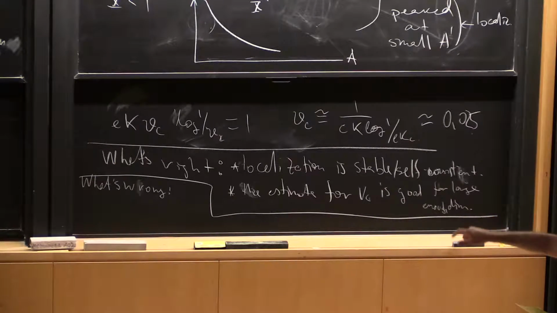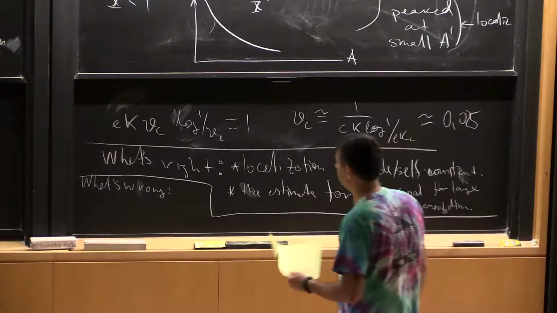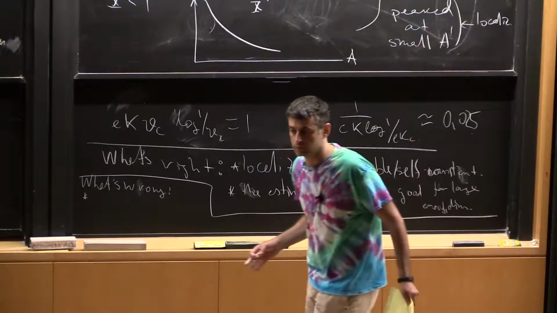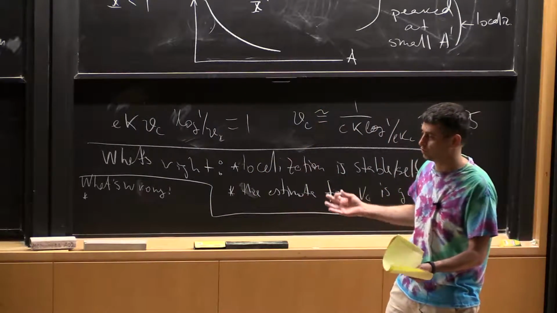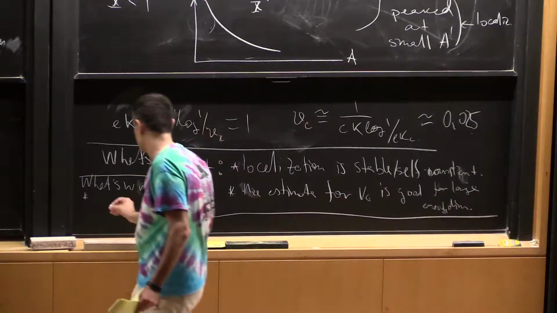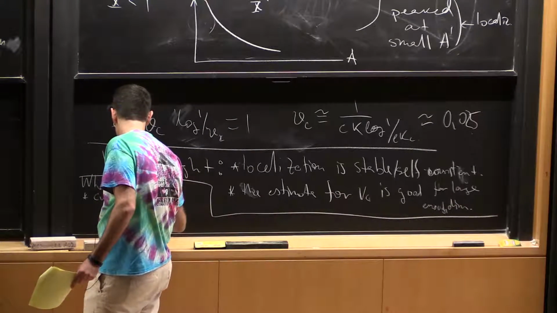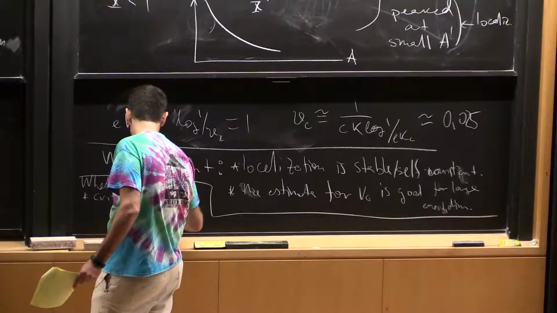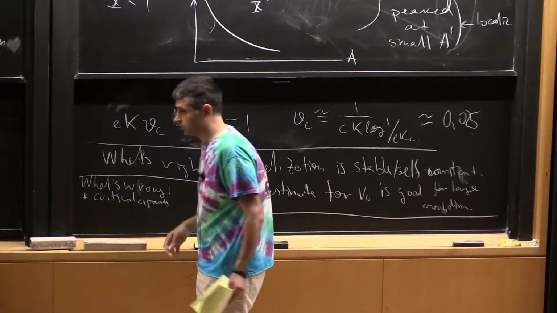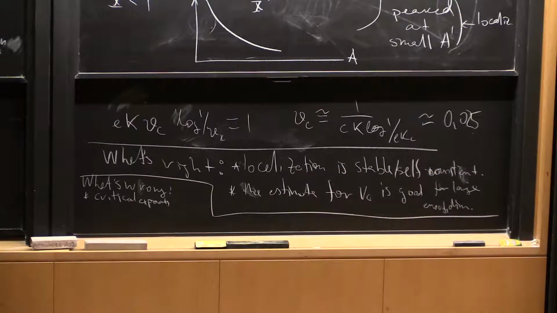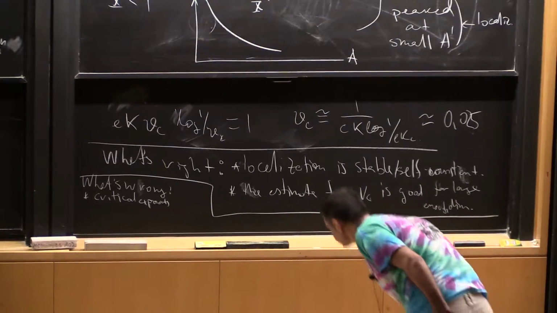I'm not even going to put that down because that's self-evident. This is a critical point, where something changes, the conductivity just turns on. So one can ask questions about critical exponents, and they're almost always wrong if you try to estimate them by Taylor expanding about the critical point.